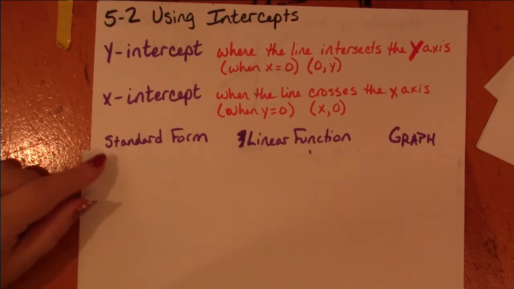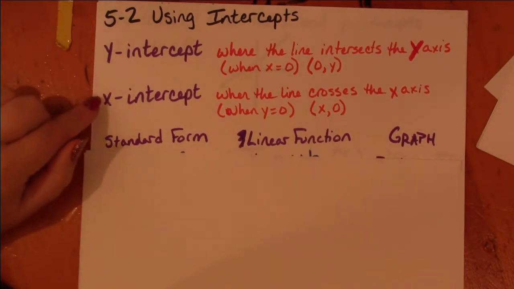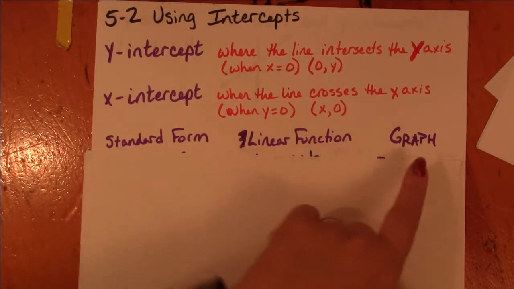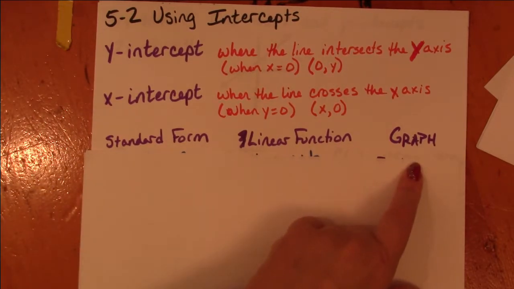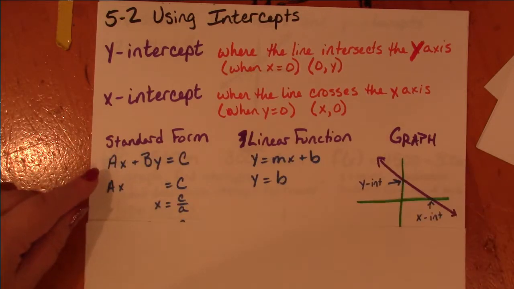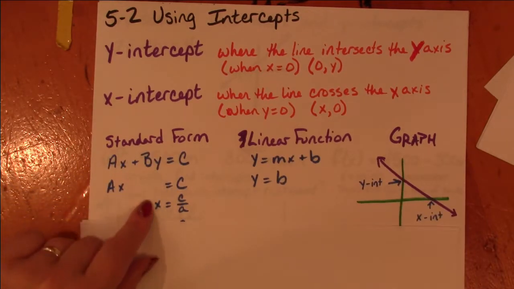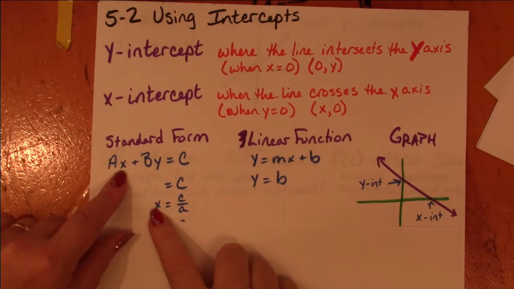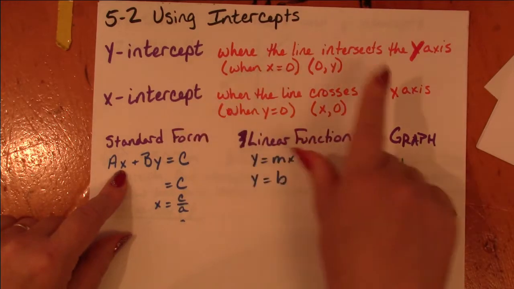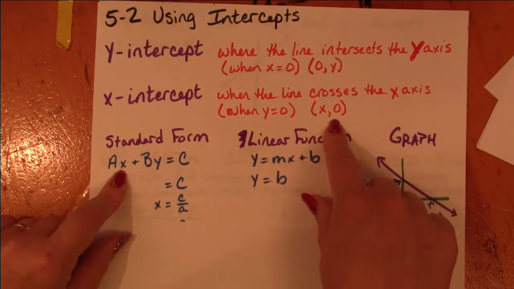So the first thing we need to be able to do is get to our x and our y intercepts from all three of the ways that we're going to see our information. Now, we could get our information from the standard form, which is ax plus by equals c. If I want to get x all by itself, we need to be able to solve for x and y when y and x are 0.